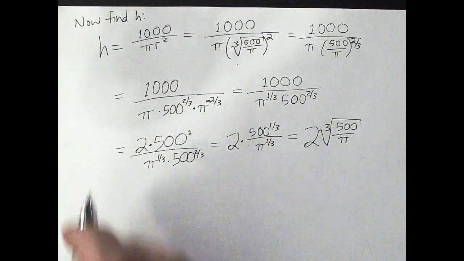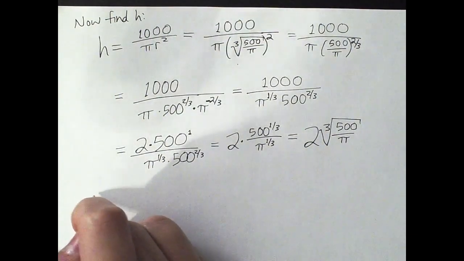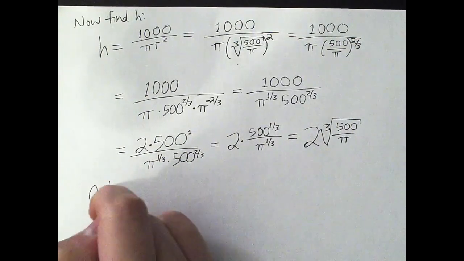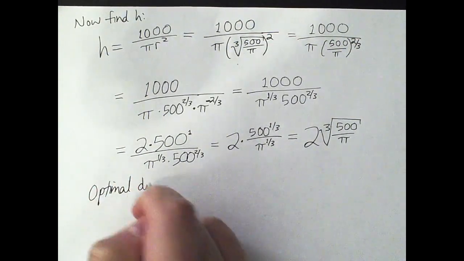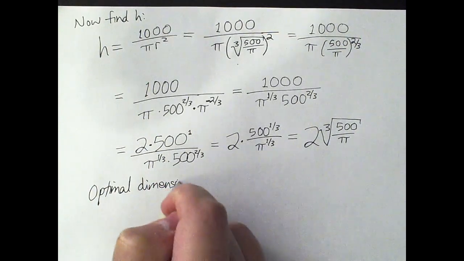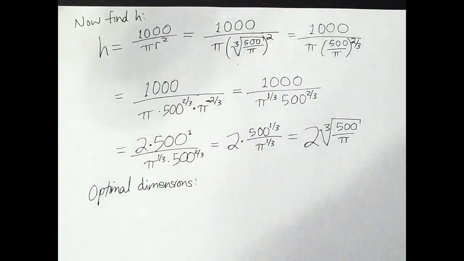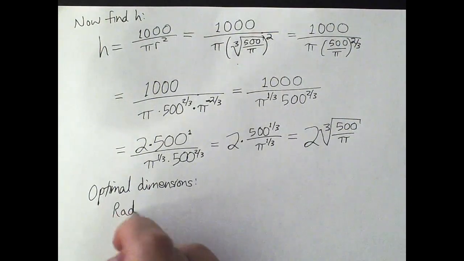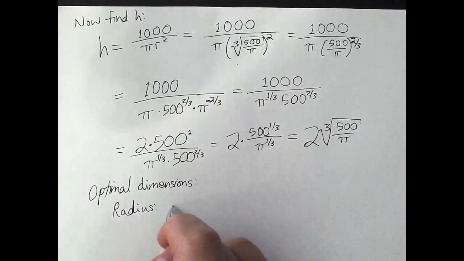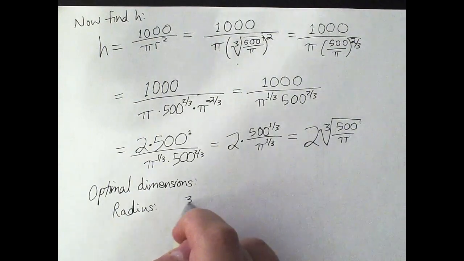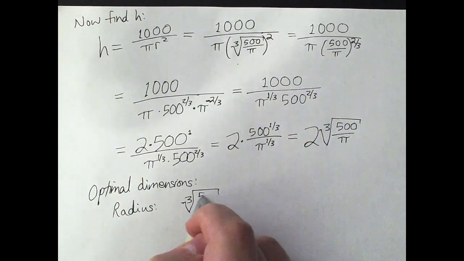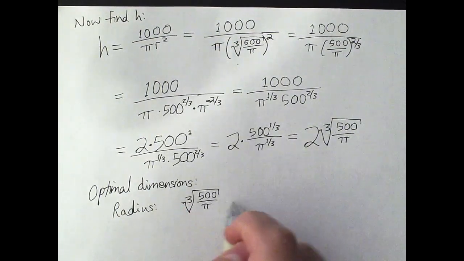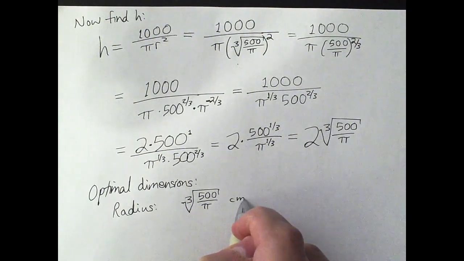So let's answer the problem, the optimal dimensions. This is a cylinder, and we want to build this cylindrical can with the least amount of metal possible. We found the radius should be the cube root of 500 over pi. We'll say it's that many centimeters.